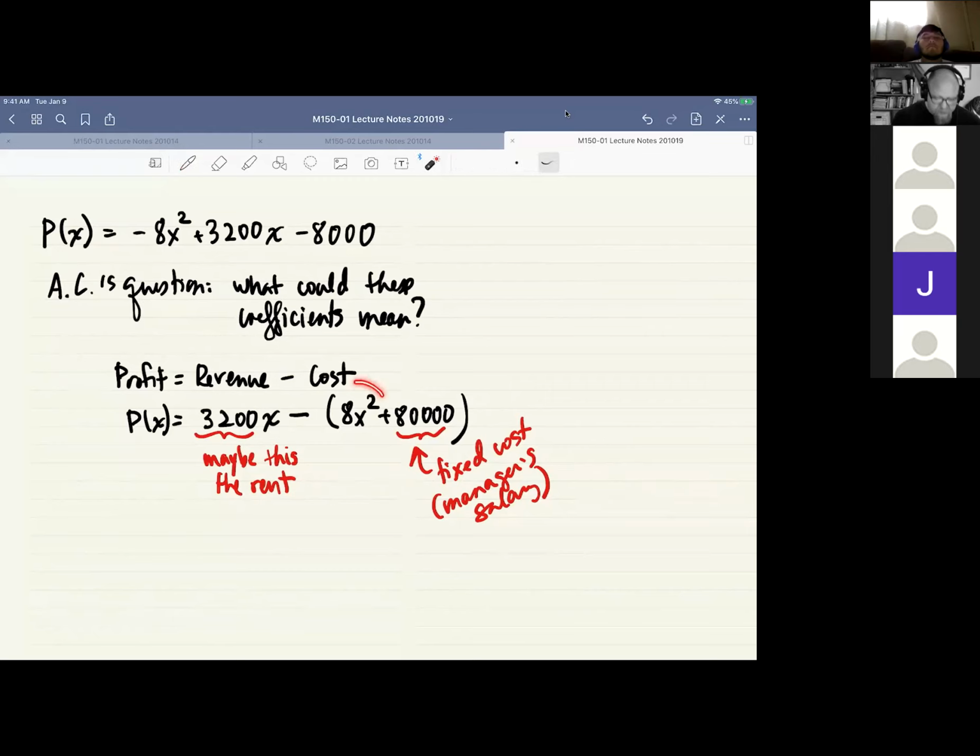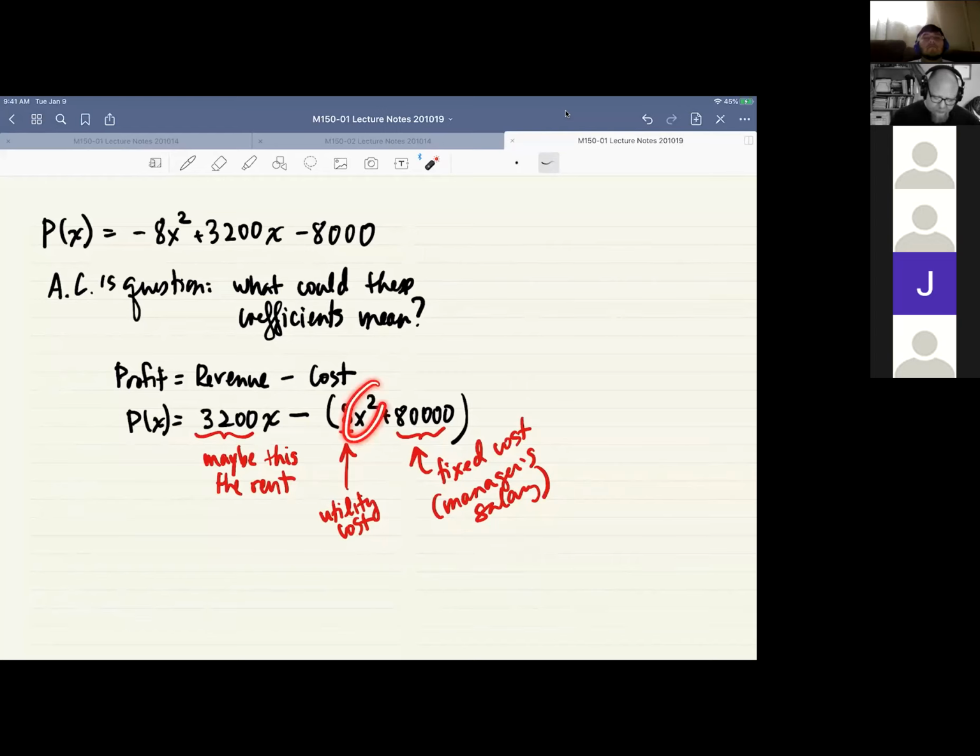And this here is a variable cost. Imagine that this 8 might represent a utility cost, and for some reason your utilities increase at a rate that's squared by the number of units you had. Maybe there's an increase in efficiency the more people you have living in your apartments. But this is one way you might see it.